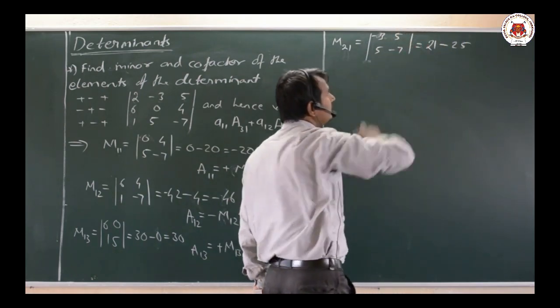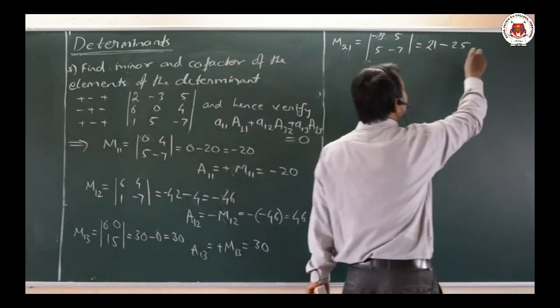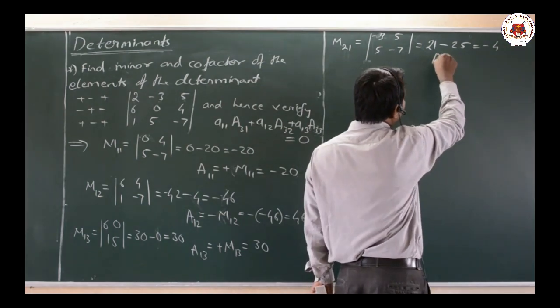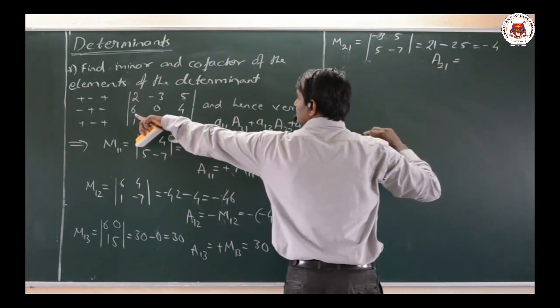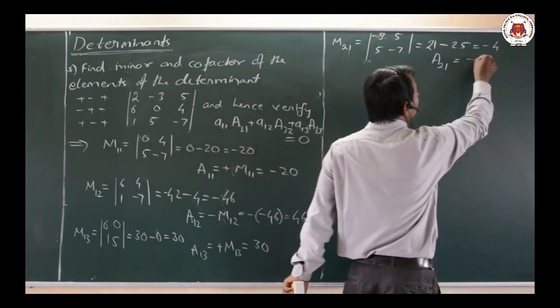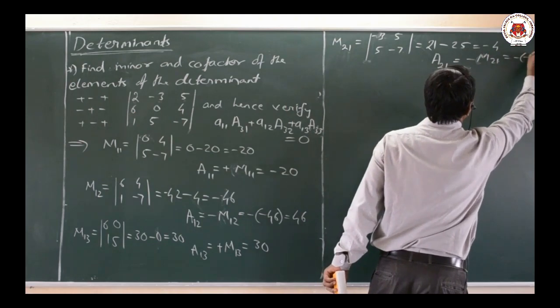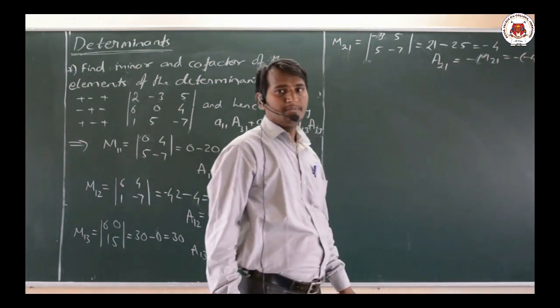Now 21 minus 25 value will be -4. Now we'll find out the cofactor of A21. Here this value is pre-multiplied by minus sign, minus of M21, which is equal to minus of -4, the value will be +4.